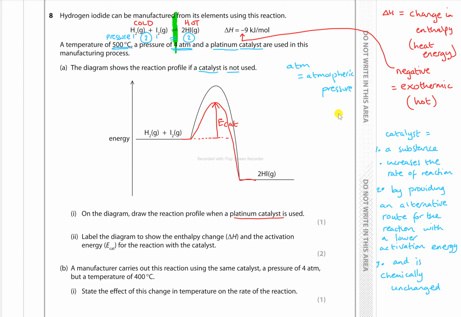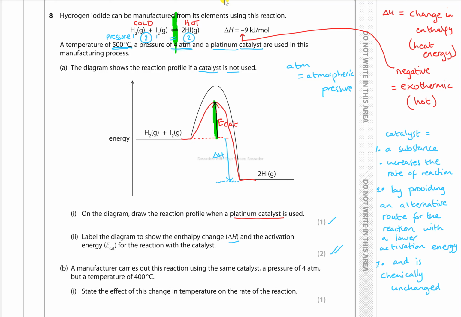Done that. So that there is the delta H. This bit here is ECAT. Then the change in enthalpy, this bit, is down here. So that there is the change in enthalpy. You can call it delta H, I suppose. Right. So that's that, and that's that.